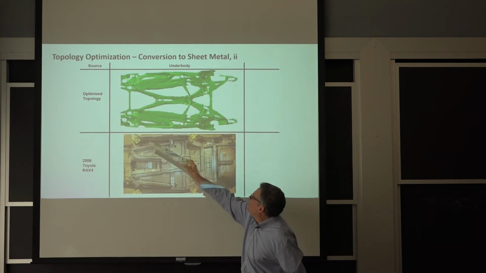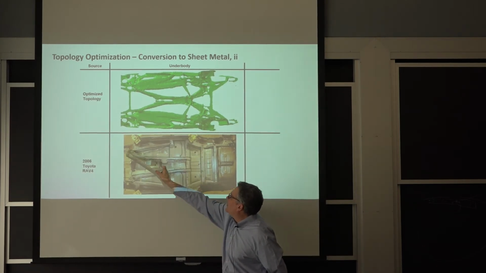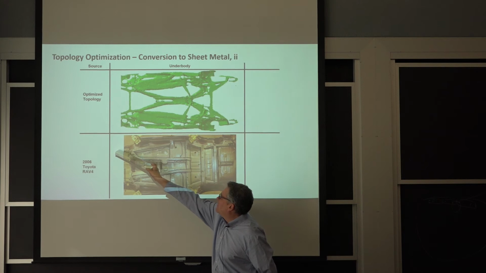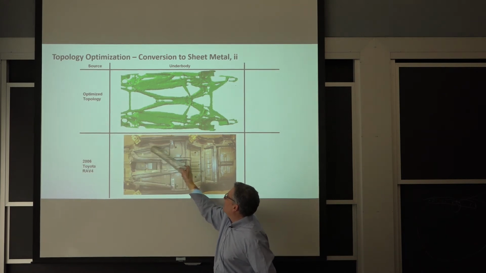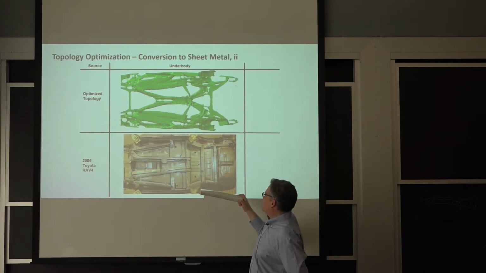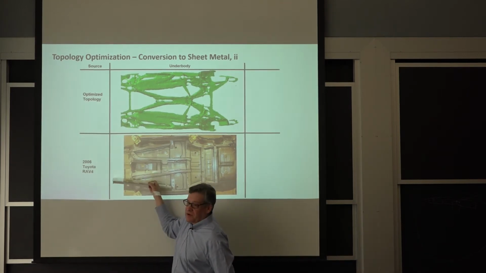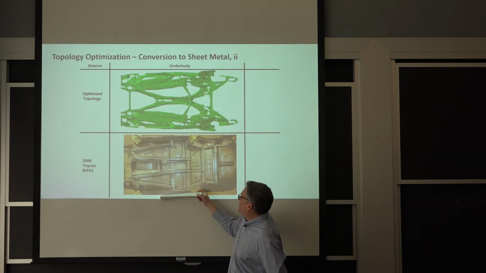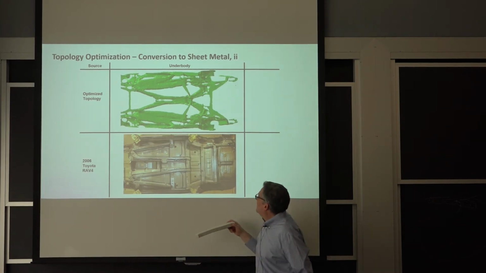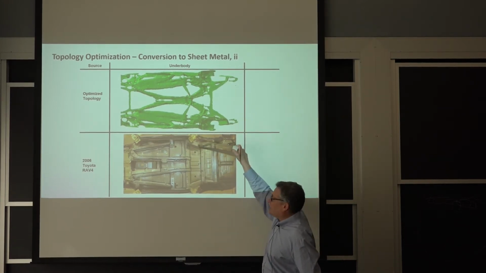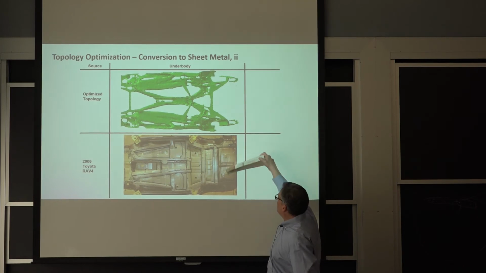You can see these diagonal structures that go from the front rail to the rocker panels. I should probably explain this. This is the front of the car. This is one rail. This is another front rail, and then this is a rocker panel. This is a rocker panel. The gas tank would normally sit right about here, okay, and then the spare tire is usually right about here.